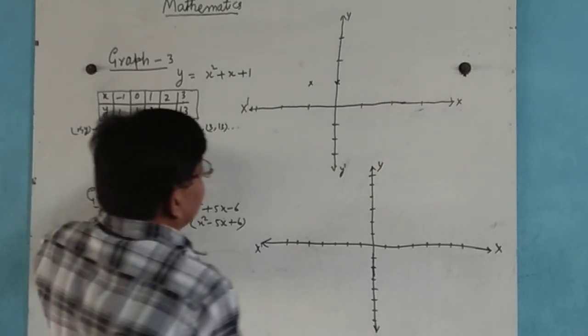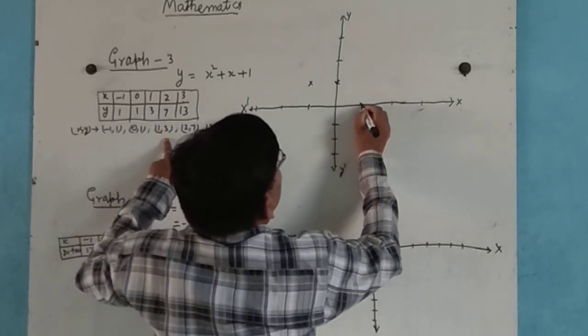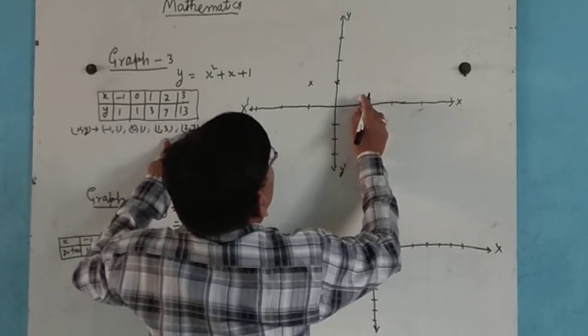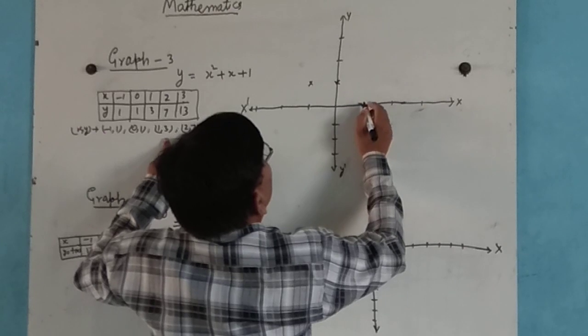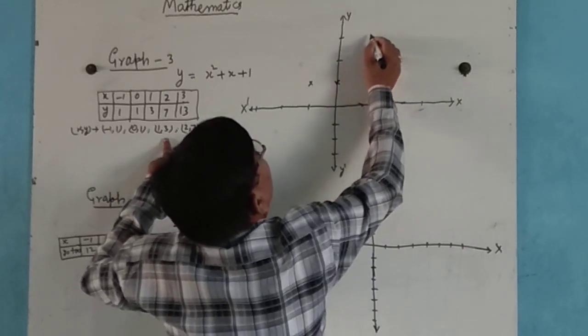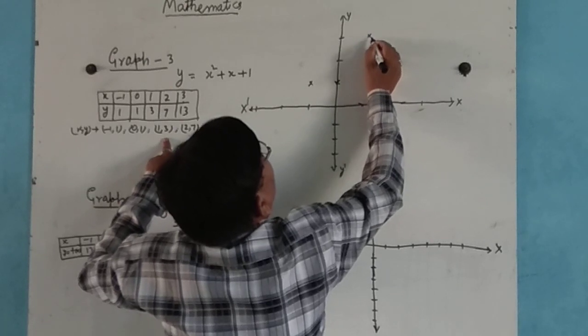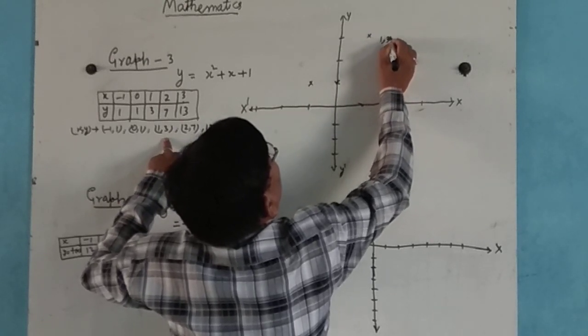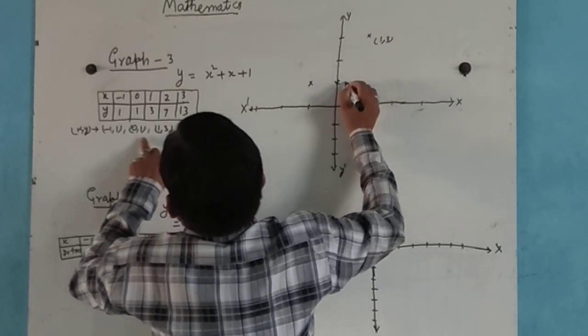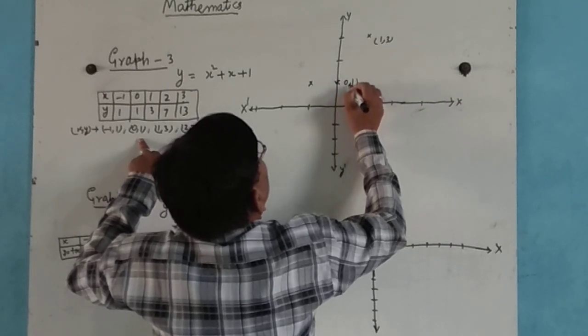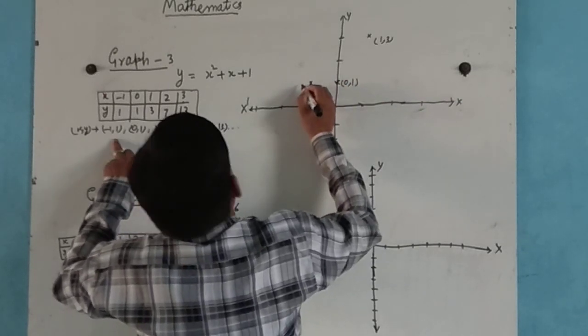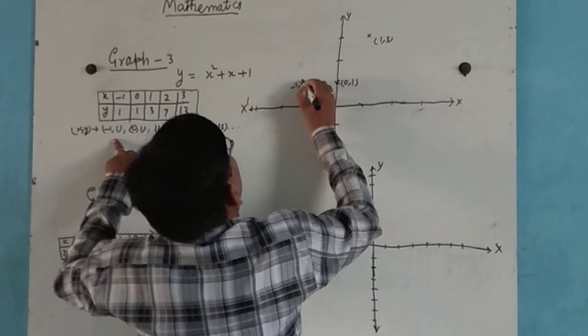After that 1 and 3. Here 1, 3. This point is 0, 1. This point is -1, 1.